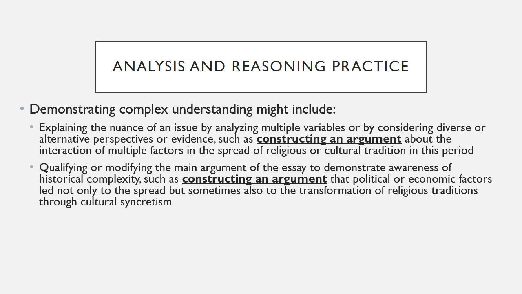So, let me ask you a question, guys and girls. When Buddhism spread along the Silk Road, did any of the belief systems of Buddhism change? Yes, it did. Syncretism, the combination of 2 or more religions or philosophies.